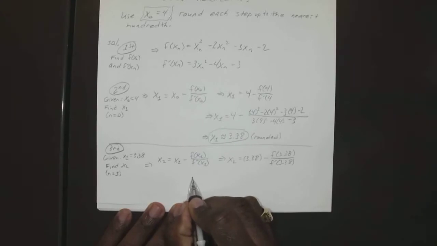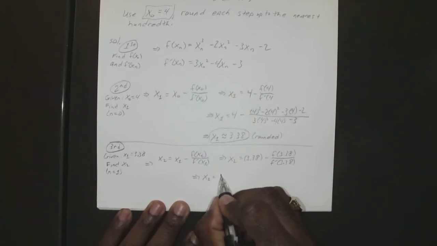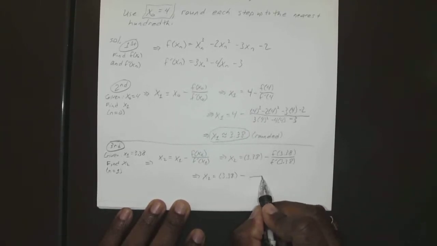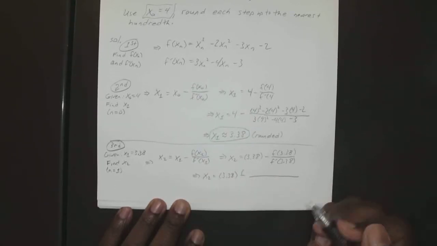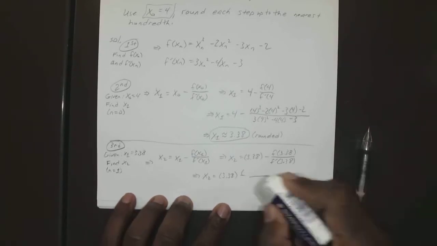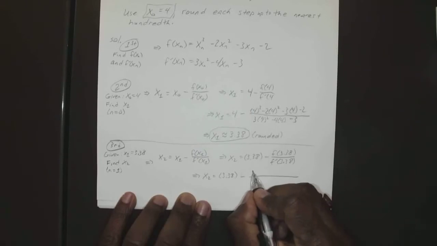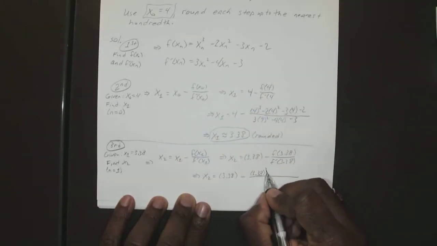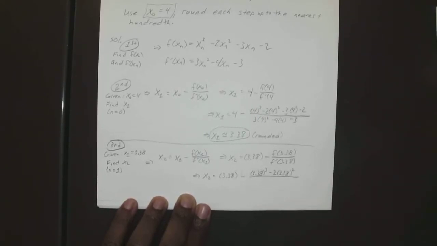Okay, so that means, move that over a little bit, our x2 is going to equal 3.38 minus our f of 3.38 is 3.38 to the third power minus 2 times 3.38 squared. Bring that over a little more.